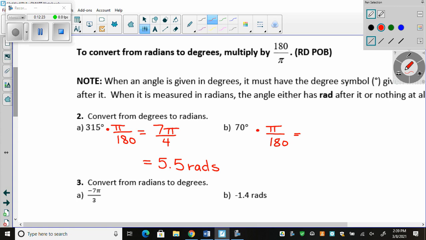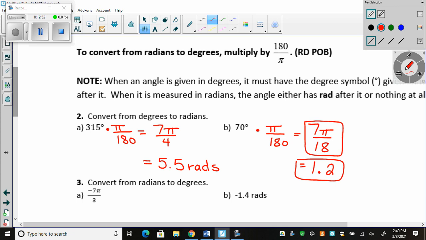The nearest tenth and an exact value. So we should get 7 pi over 18. And in nearest tenth is 1 decimal 2.